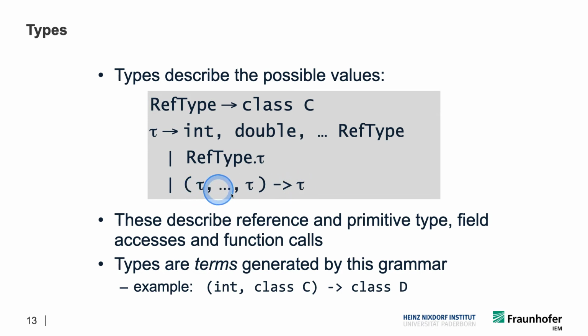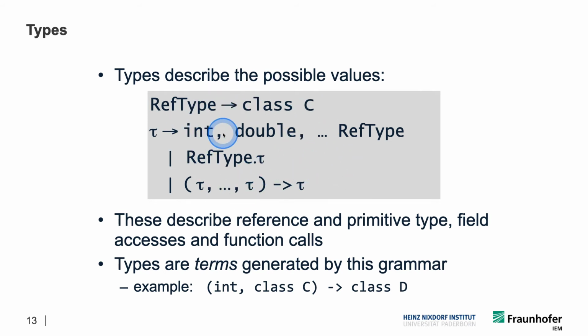And again, any of these here, these taus, they're just placeholders, right? So at any of these positions, you can again replace the type by any of the definitions that you see here. So it's a recursive definition, right? This can be arbitrarily nested. And then out of these types, you can generate terms using this grammar that I have here, right?